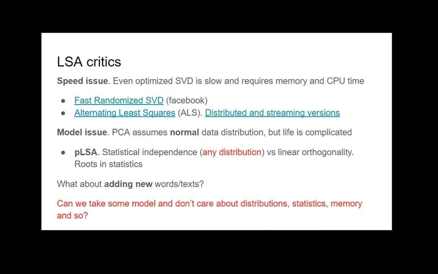It assumes that the data has a normal distribution along these orthogonal dimensions. And this is not always true for language, meaning that words are distributed in a different way than the normal distribution. Some say the Poisson distribution is closer, but still we don't know the distribution for words, and we assume that this distribution is normal.